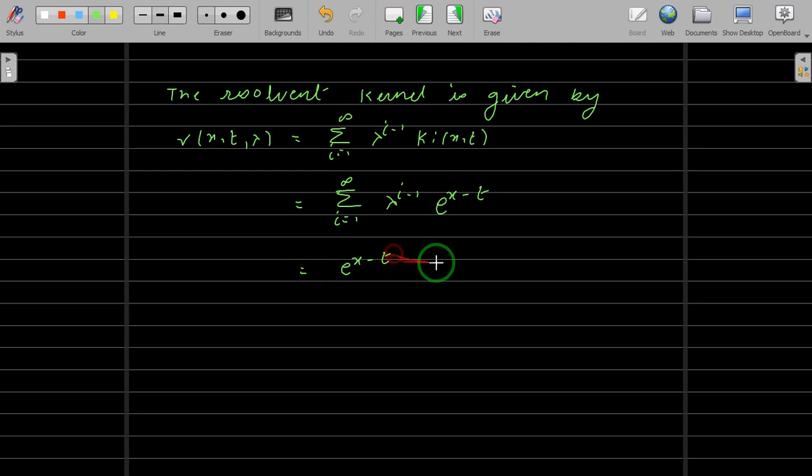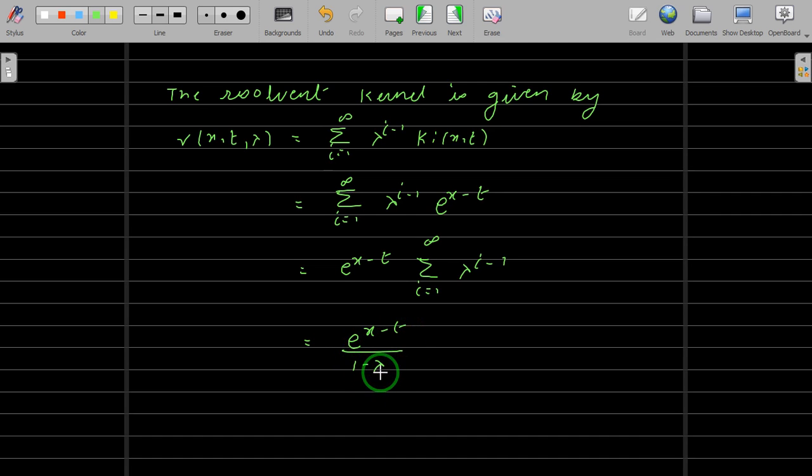We can take out summation i from 1 to infinity lambda raised to i minus 1. So this is your resolvent kernel, and again you can get the value of this summation. You can write it as e raised to x minus t upon 1 minus lambda, provided there are some conditions on lambda.